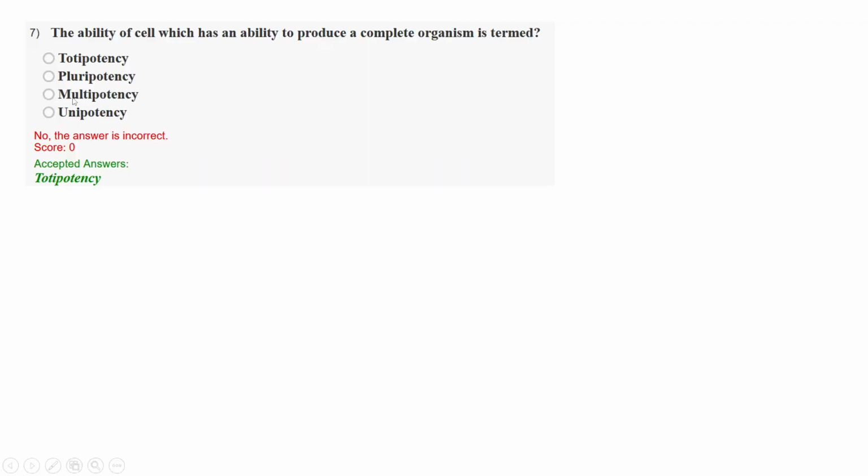Multipotent means a specific type of cell. In totipotent, all the cells, including the inner cell mass, that is the blastocyst, as well as the placenta, will be produced by the totipotent cell. In pluripotent, the placenta will not be produced, only the blastocyst cells, and in that case mesoderm, ectoderm, endoderm, and germ cells will be produced, except the placenta.